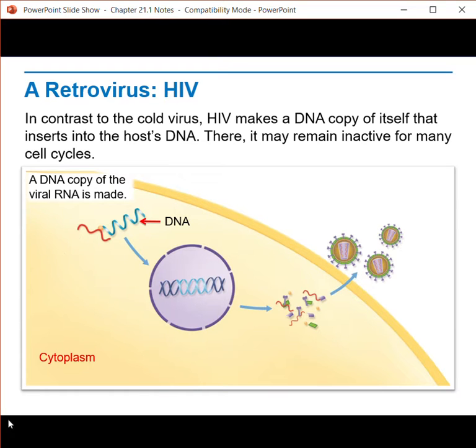So the viral DNA is inserted into the host cell. That means the viral DNA is going to be put inside of the host cell. The copy, if you see the picture here, is inserted into the host genome.